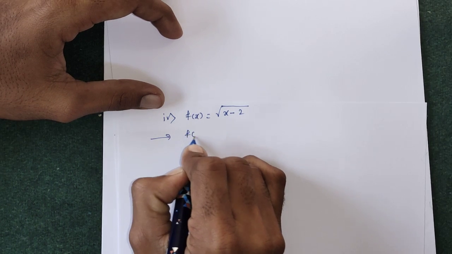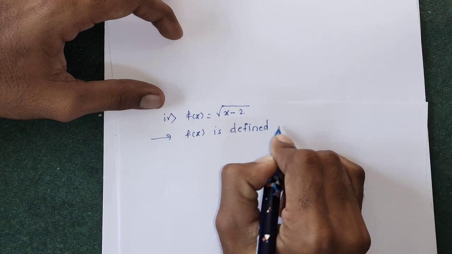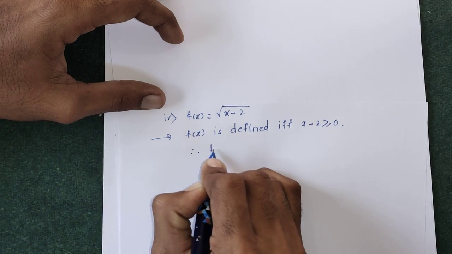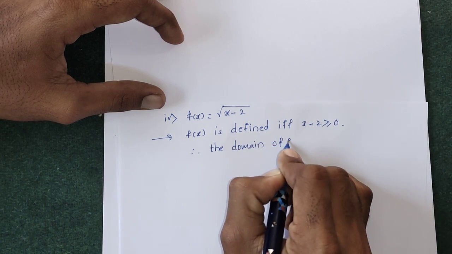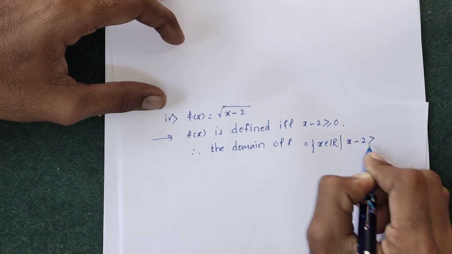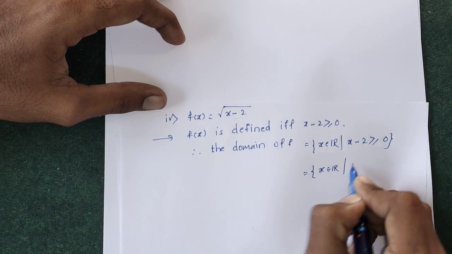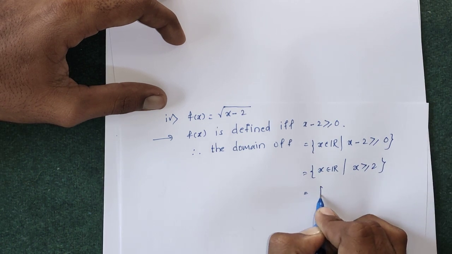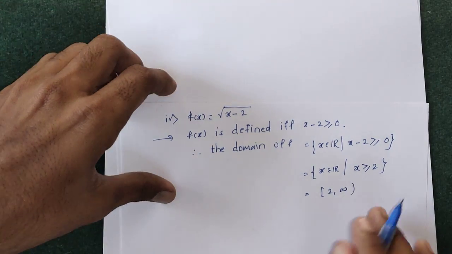This f of x is defined if and only if x minus 2 is greater than or equal to 0. Therefore, the domain of f will be the real numbers for which x minus 2 is greater than or equal to 0, that is x belongs to R such that x is greater than or equal to 2. So we can write it as 2 to infinity. The domain of the function is 2 to infinity.